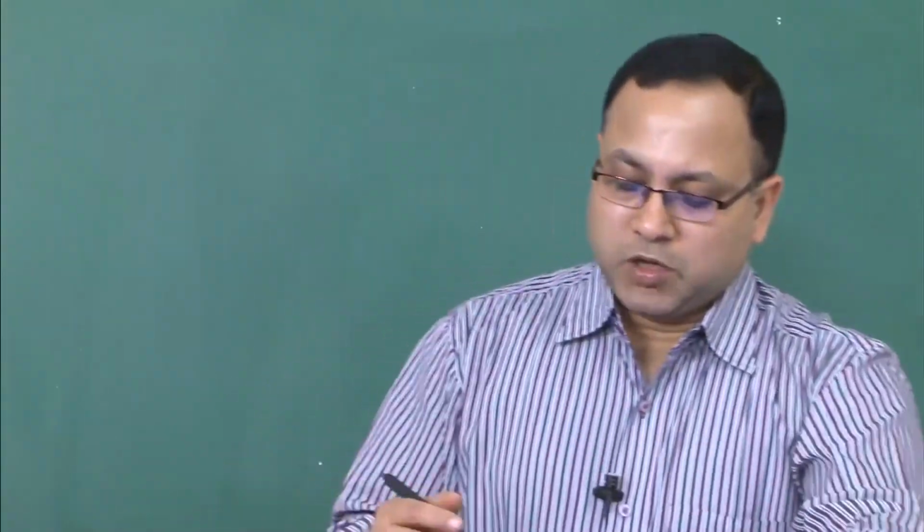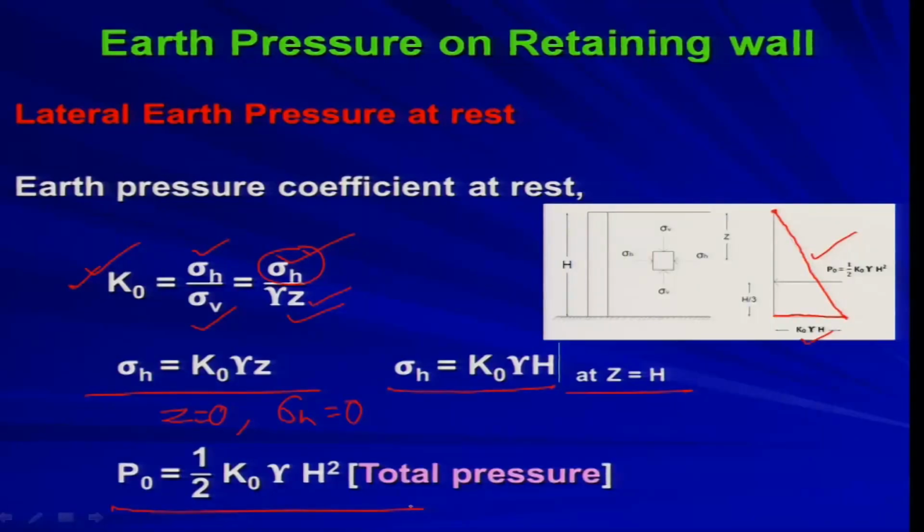So, this P naught is the total thrust acting on the wall, and it will obviously act at the CG of this triangle, that is at H by 3 from the base of the triangle. This is the point of application of this thrust.